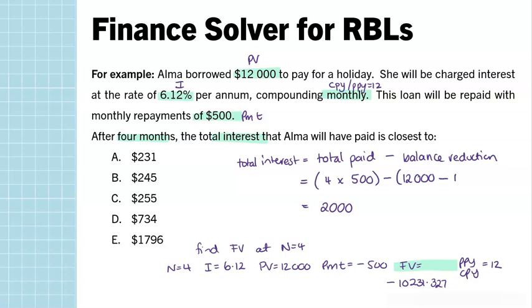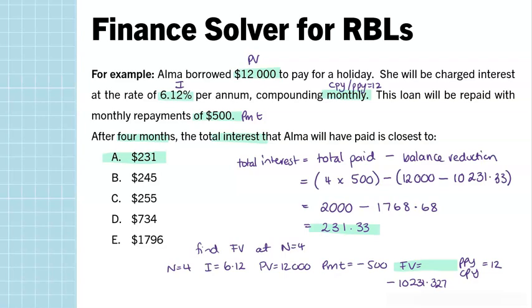The current balance is $10,231.33, and that gives us a balance reduction, that difference there, of $1,768.68, which means my total interest paid is $231.33. So our answer there is closest to A, $231 interest in the 4 months.